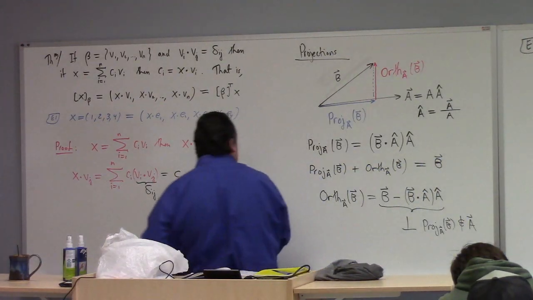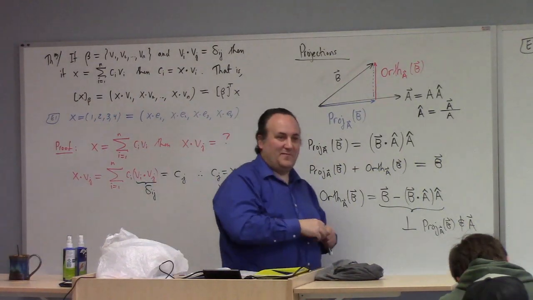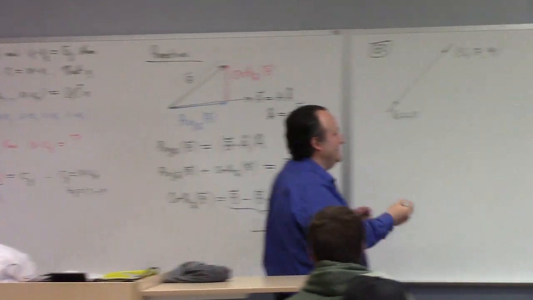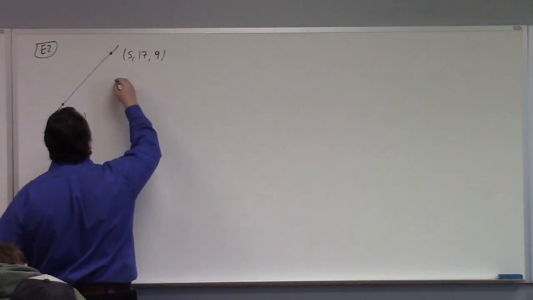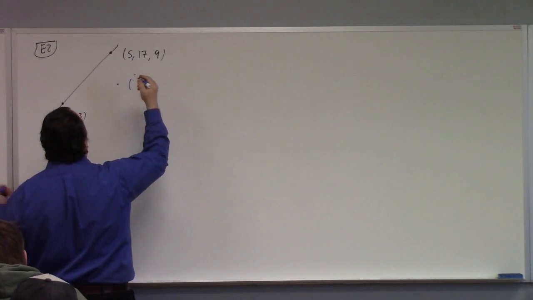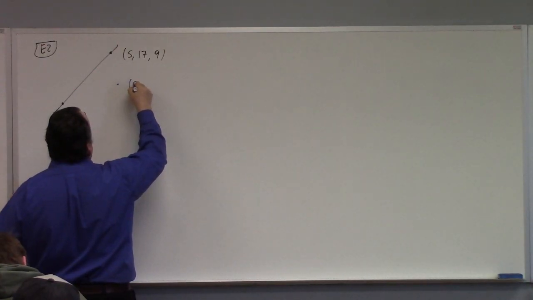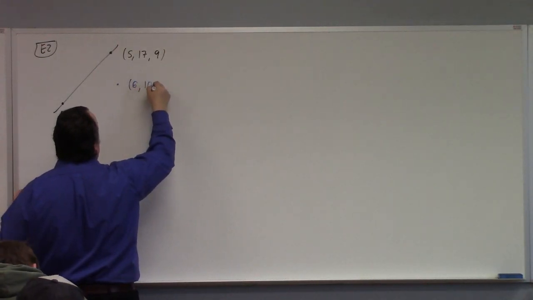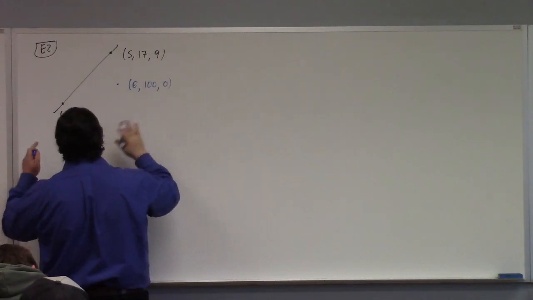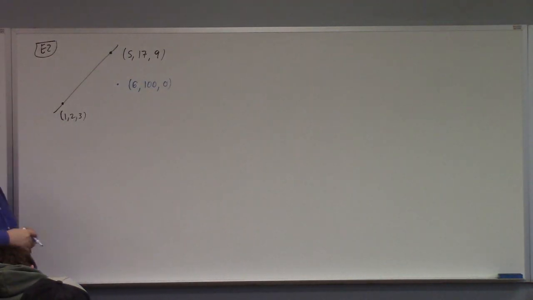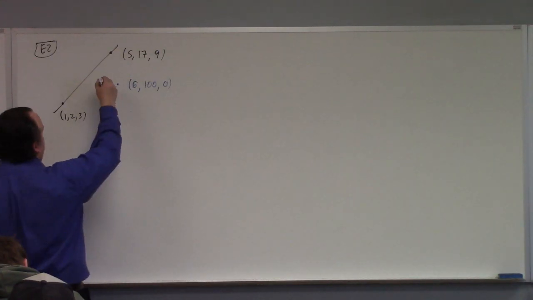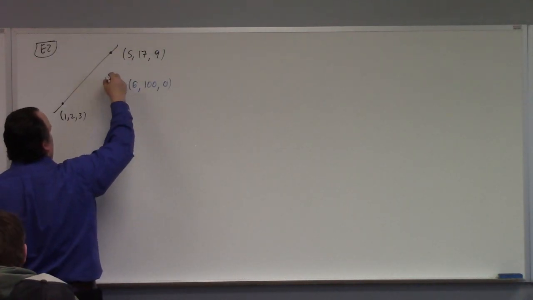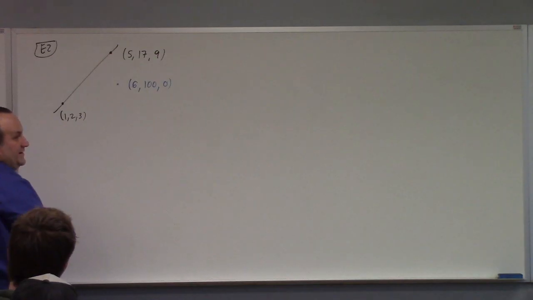And supposing that I pick a point that's not on the line, like wherever here, I don't know, 6, 100, 0. There, I'm pretty sure it's not on the line. There has to be a direction vector to this line, right?